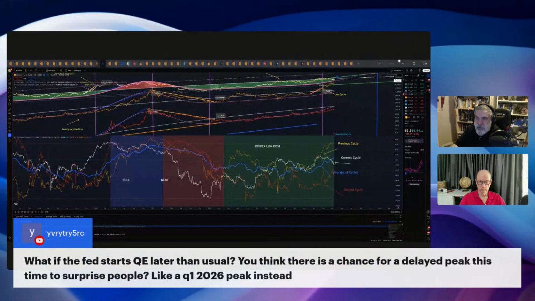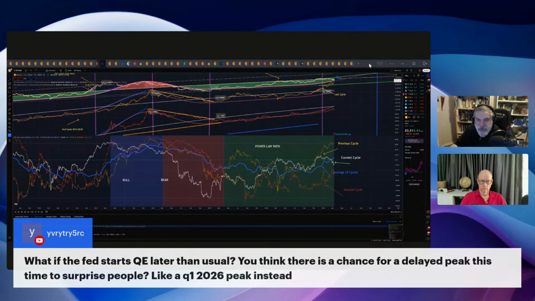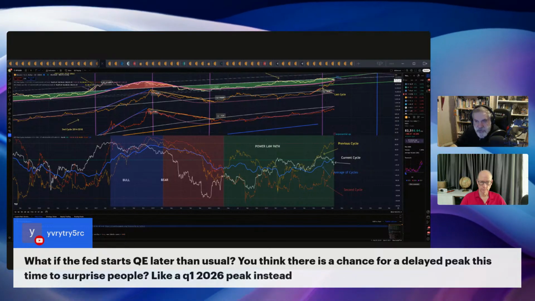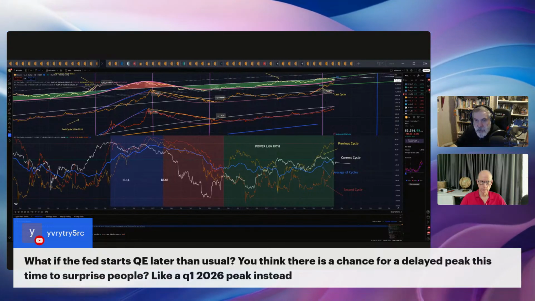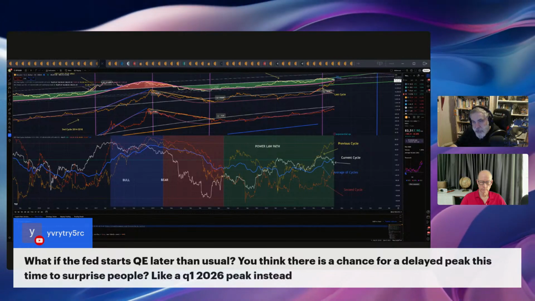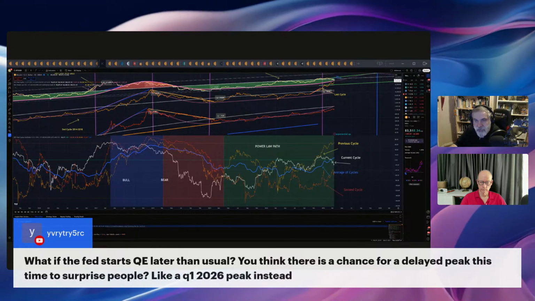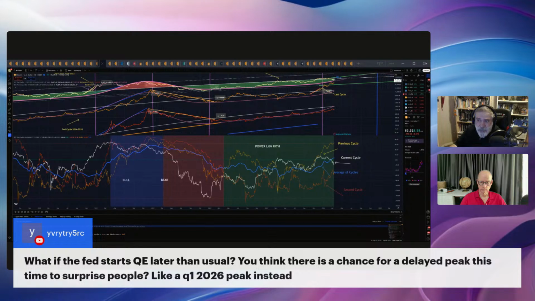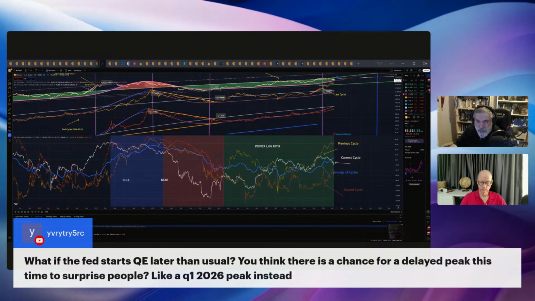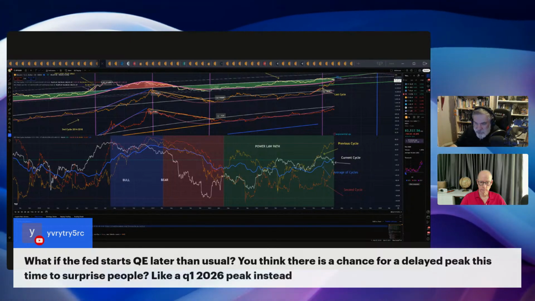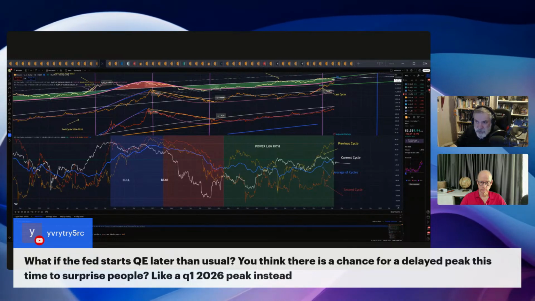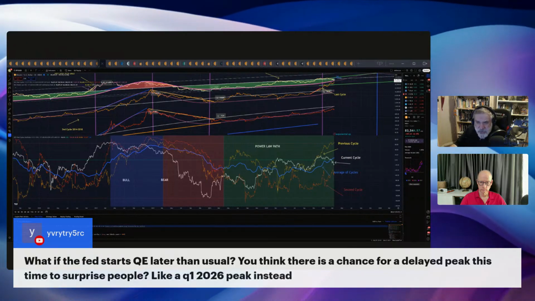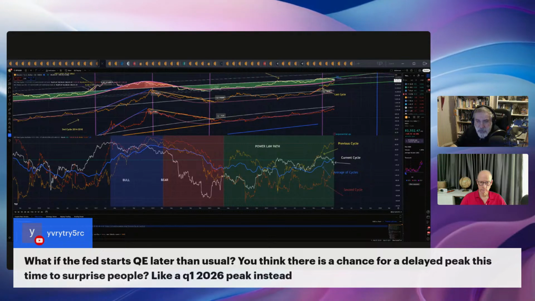Okay, so this indicator compares the different cycles, right? And here you see this is the current cycle. You see how we are going below the power law, right? The previous cycle was anticipated mostly because I think the right interpretation was it was a lot of stimuli after the COVID. This V is the COVID.